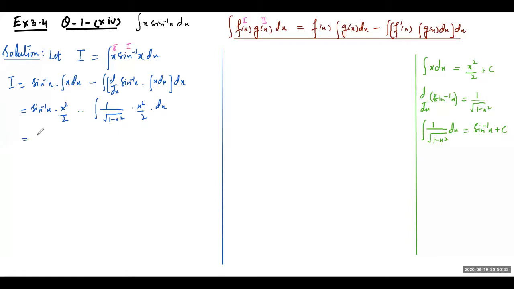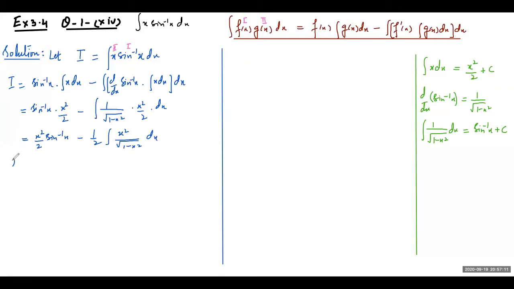Now rearrange it: x square by 2 sine inverse x minus, bring this 1 by 2 outside, and you have x square by square root of 1 minus x square dx.